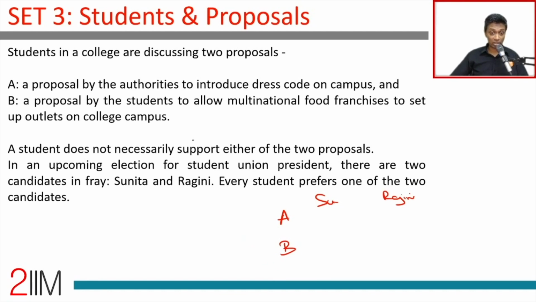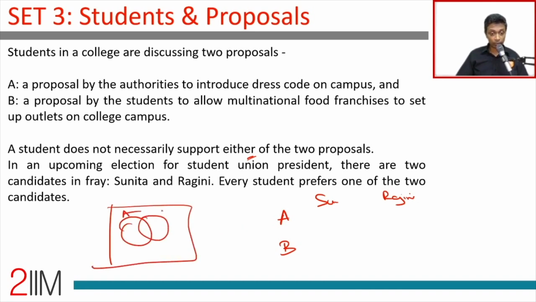A student does not necessarily support either of the two proposals. So A and B, you've got to imagine in our set theory framework. People liking A, people liking B: that is A only, B only, both A and B, neither A nor B. Whereas Sunita and Ragini are two people contesting elections, and so you vote for one or you vote for the other.